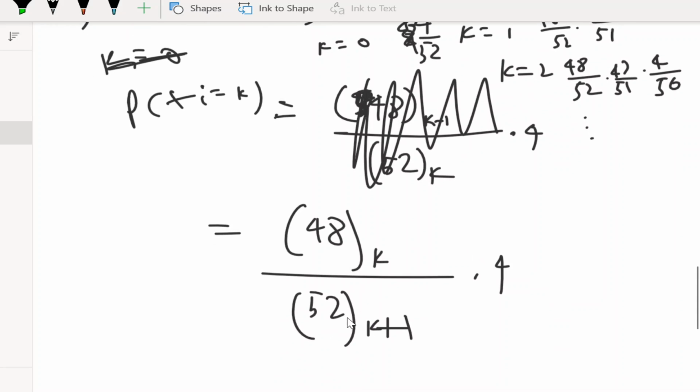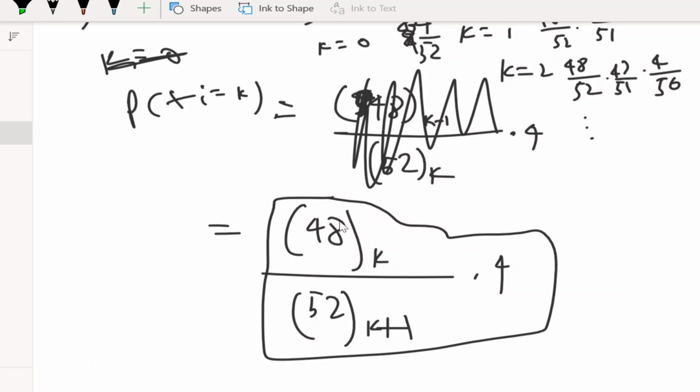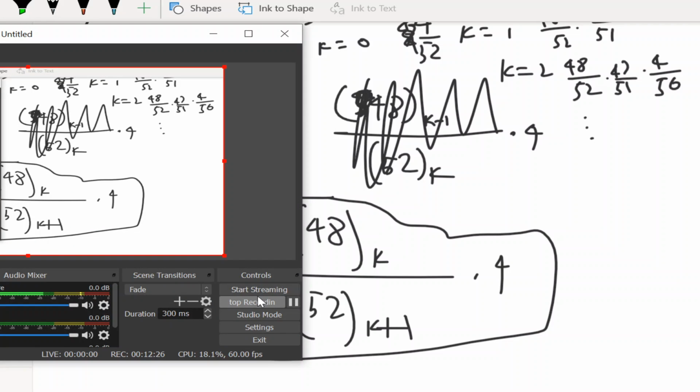Then 52 order 3, so we have 52 times 51 times 50, then we multiply by the 4. I wasn't thinking entirely clearly when I did this first part, but this is a better way to represent our model. Alright, cool. I made a bunch of mistakes. I'm sorry, but hopefully this video was somewhat helpful.